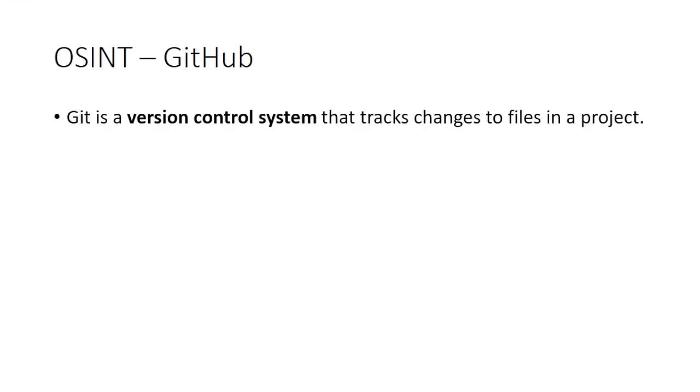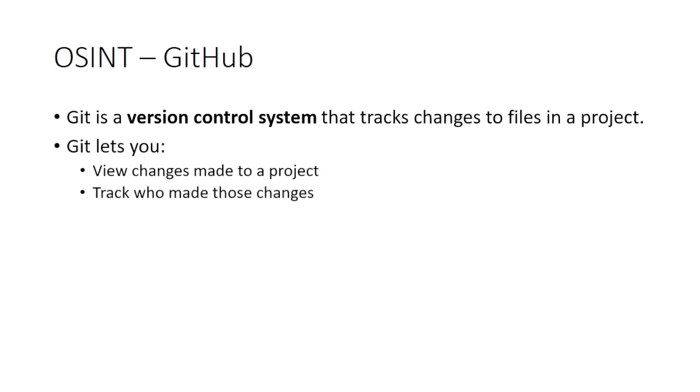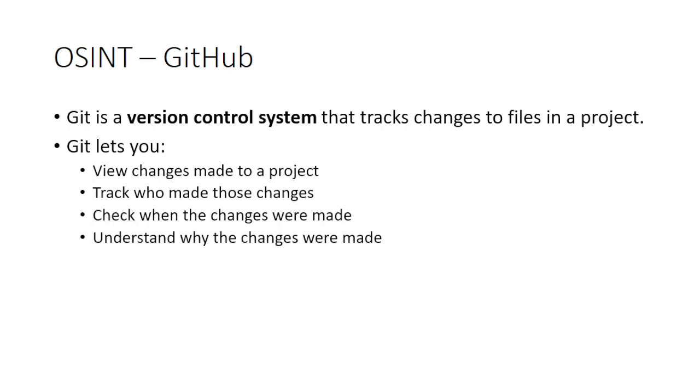There's also GitHub. Before talking about GitHub, let's talk about Git. Git is a version control system that tracks changes to files in a project. So it lets you view changes made to a project, track who made those changes, check when the changes were made, and understand why the changes were made.